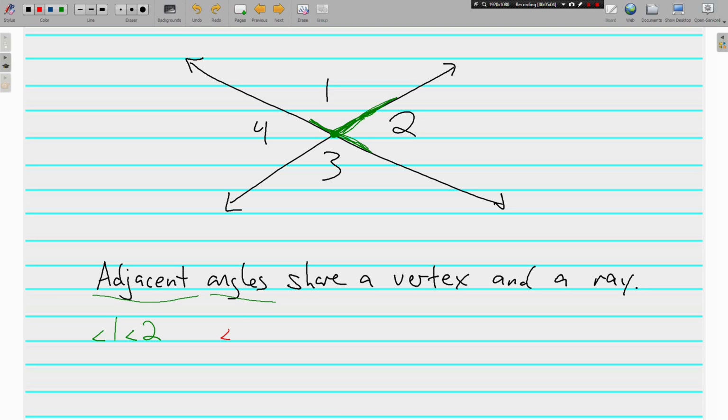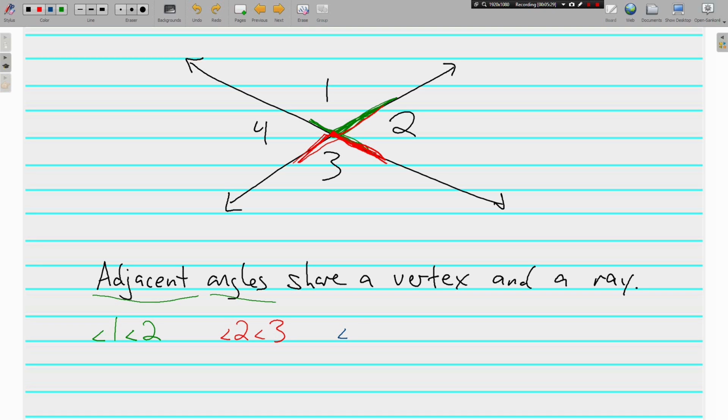Hopefully. Angle 2 and angle 3 are adjacent. Here's angle 2. And here's angle 3. Going back up the 2 line again. Tough to draw straight. Angle 2 and 3, they share a vertex and a ray.